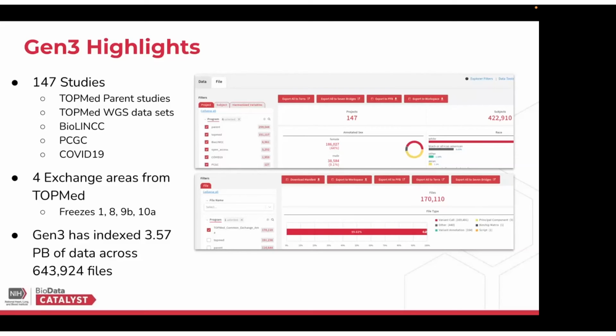We also have four exchange areas from dbGaP that are available for freezes 1, 8, 9b, and 10a. In all, when a user arrives at Gen3, they'll see that we have 3.57 petabytes of data across over 600,000 files available to the user.